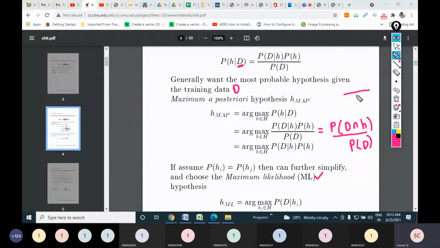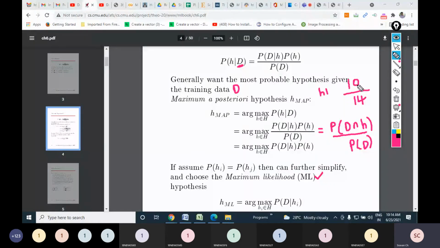Now, friends, let us assume I have one hypothesis called H1. When I gave these 14 training records as input, H1 predicted correctly, let us say, 10 times out of 14 records. So P of D intersection H means, out of the total number of records, how many times the hypothesis worked perfectly, which is 10.